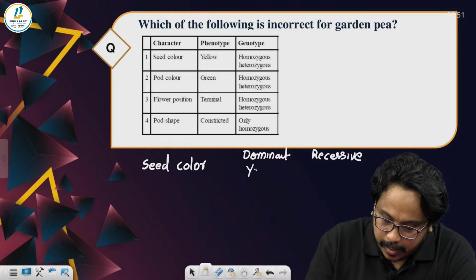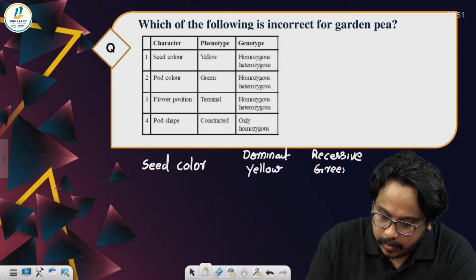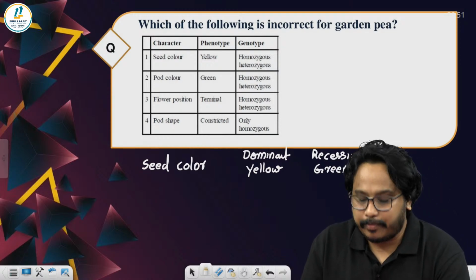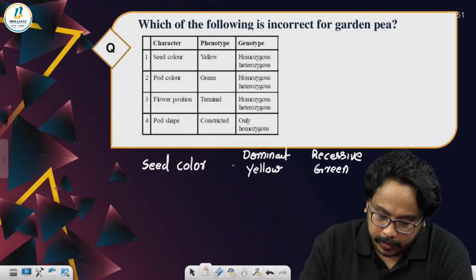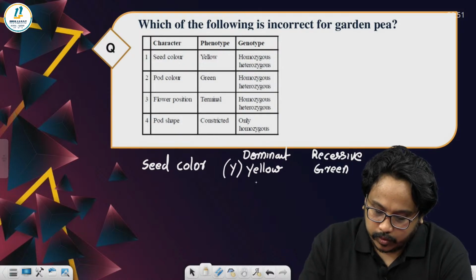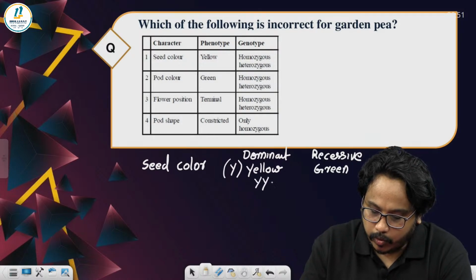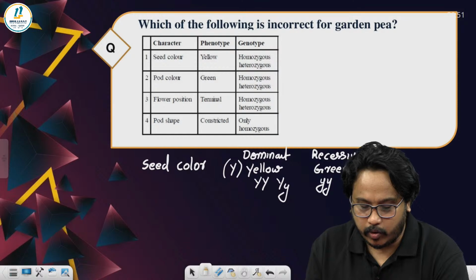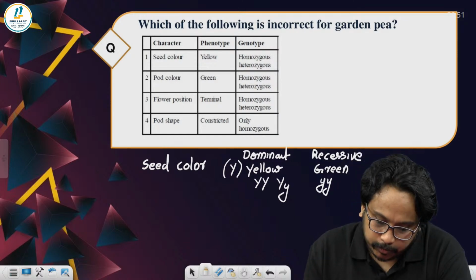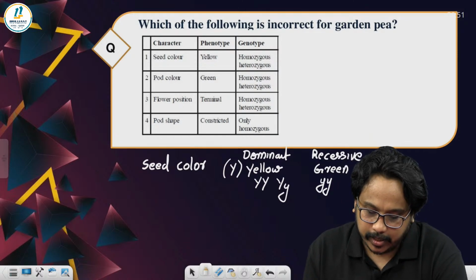Always we use a capital letter for denoting the dominant one, so we can write yellow with capital Y. It can have two genotypes, either homozygous or heterozygous. And green, you can see, will always be homozygous. So for seed color, the genotype option that is given is correct.